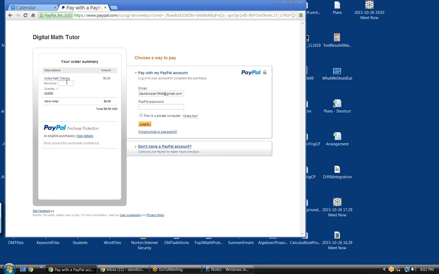So enter 32, and then your mom or dad will have to put in the PayPal password and authorize it. But it's really smooth here. They only have to put in the amount, and everything they put in over here I don't see. But it authorizes the payment.